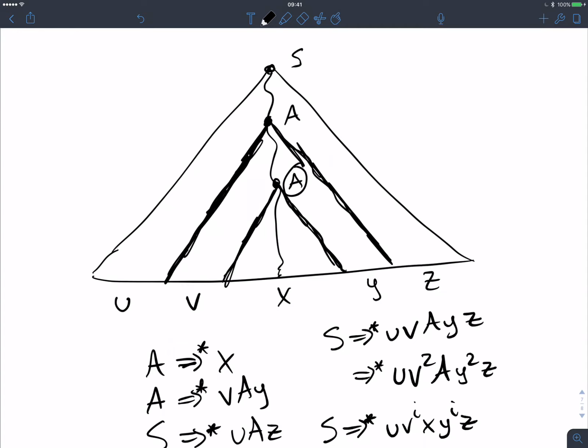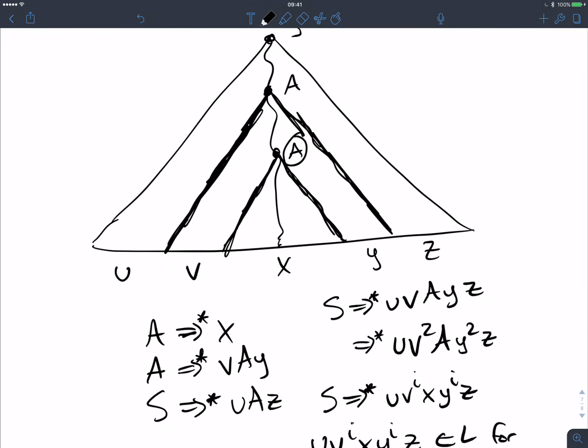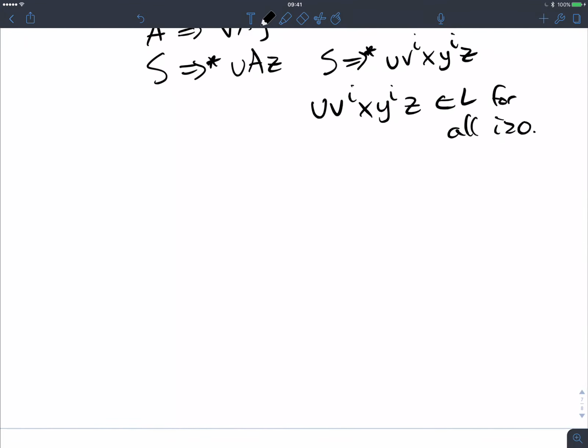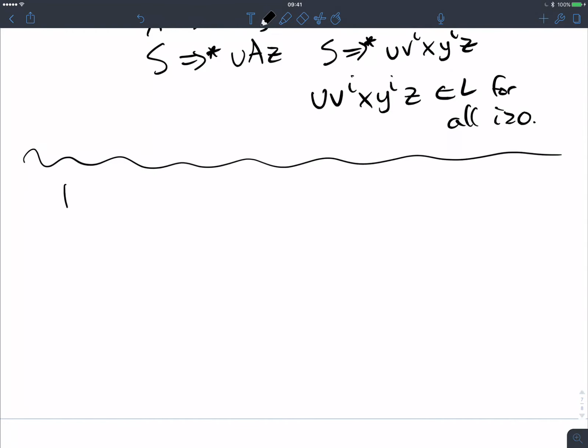So if I look at the bottom n+1, I have a repeated variable. So I can guarantee now that VXY is not too long because it corresponds to the repeated variable. So now we actually just proved something we call the pumping lemma for CFLs.